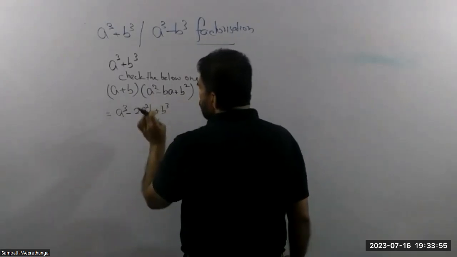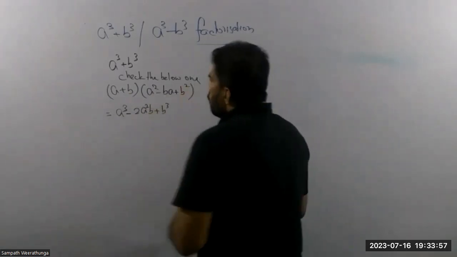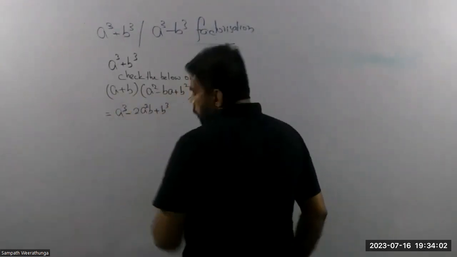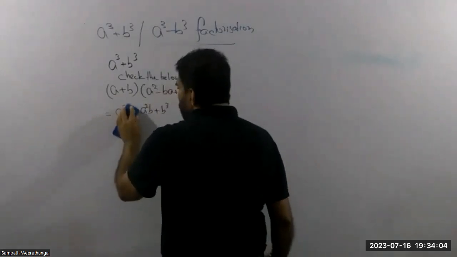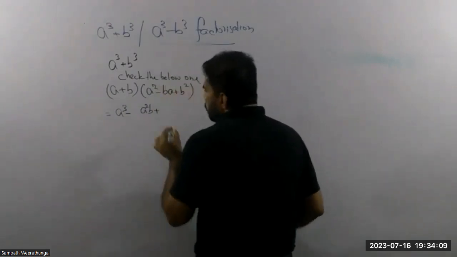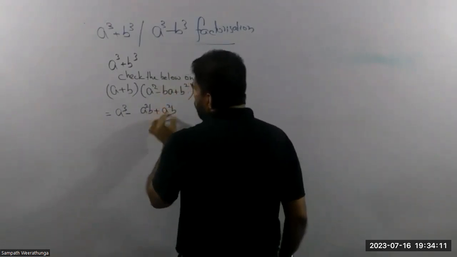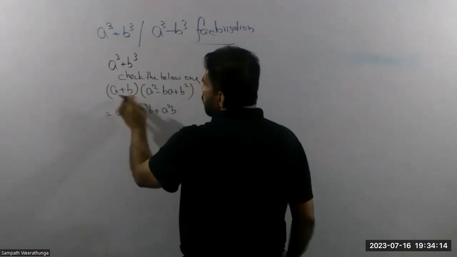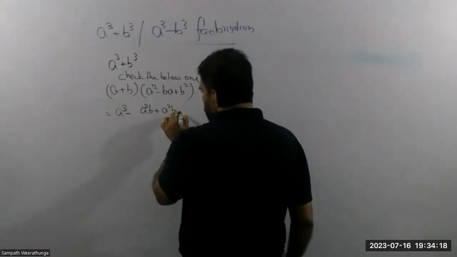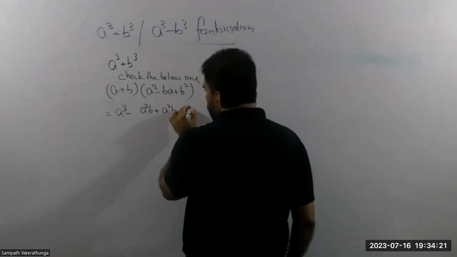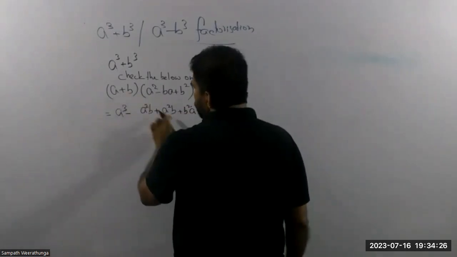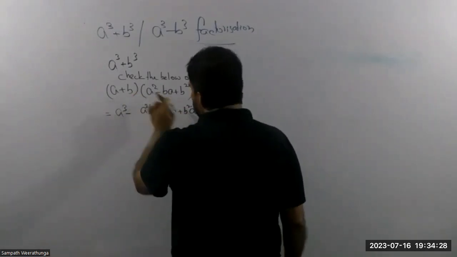Here A cube, A squared B. Sorry, no two, it's one. Then positive A squared B. See, A cube, then A squared B negative, AB squared positive, then B A squared positive, B squared A negative, right?